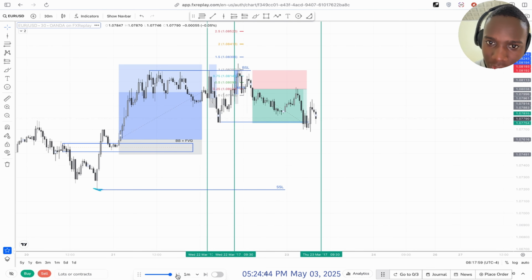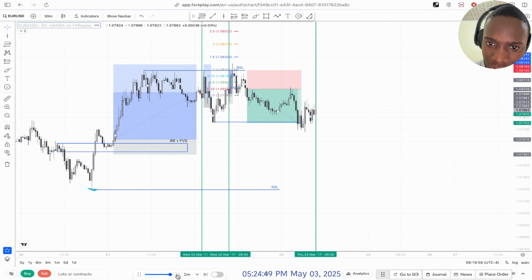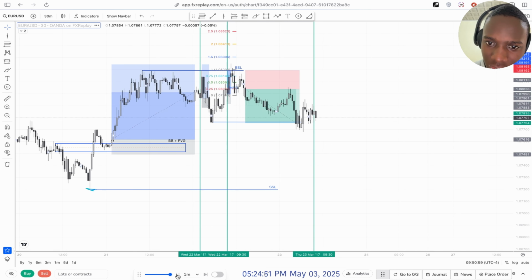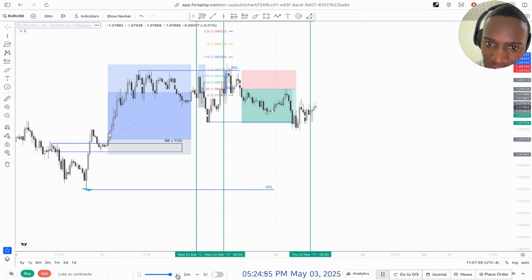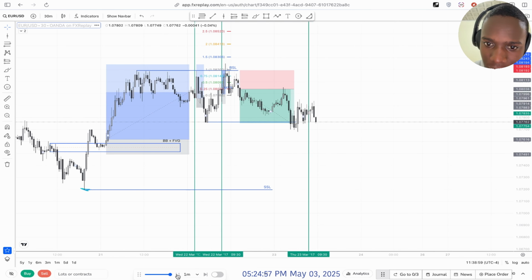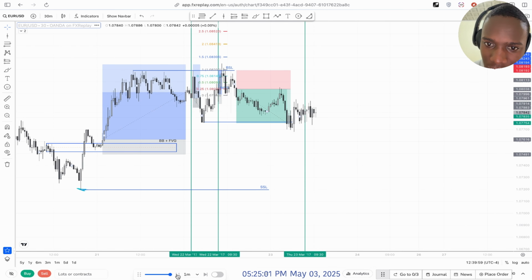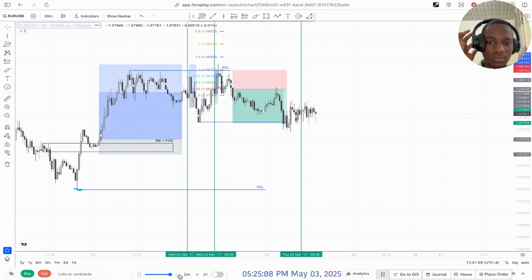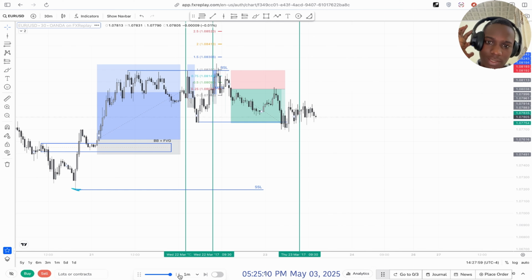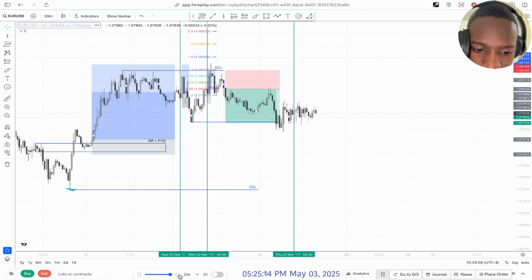As you can see, it's dropping. And as soon as New York opens, it does a small drop and a small consolidation. It's a Thursday. Okay. Really big consolidation. We can see it right here.